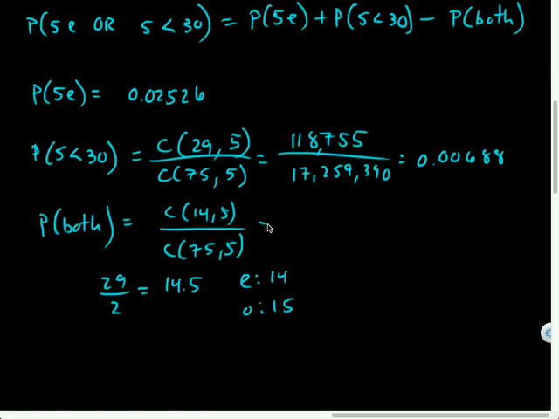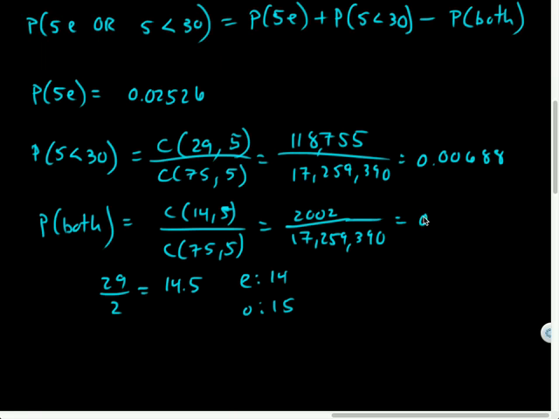So this is the overlap that we're going to have to subtract. That's an ugly 5. Well, it takes a little while to get used to it. 2002 over 17 mil, 259390 equals 17259390.